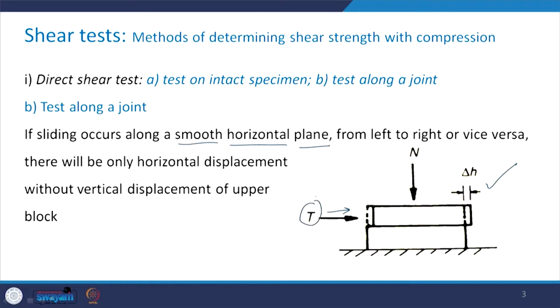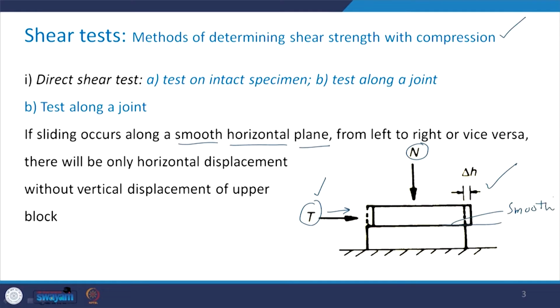And as per this category, there is a compressive load, which is N. Upon the application of T, there is going to be sliding along this horizontal plane, which is also smooth.